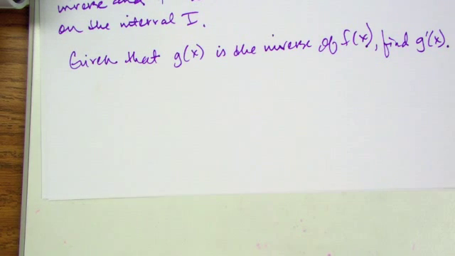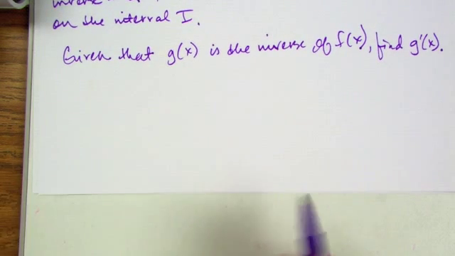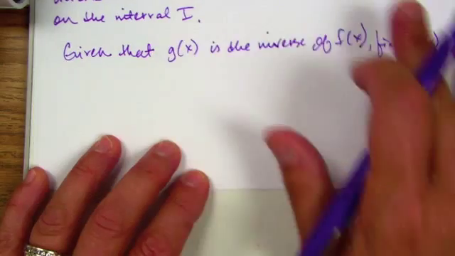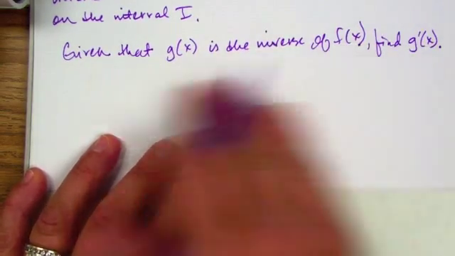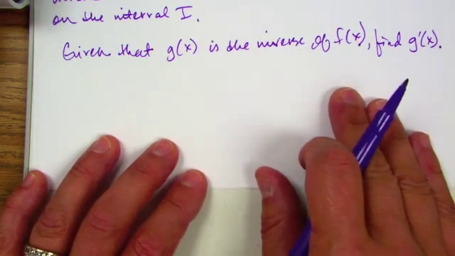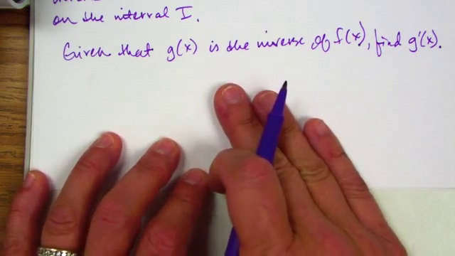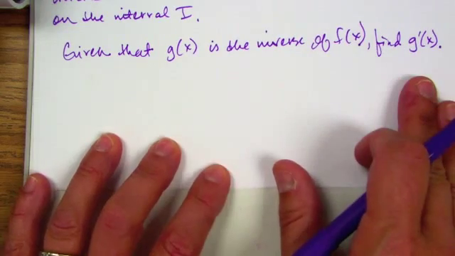Okay, you ready? Wait. We're about to, I have to give you lots more. I'm going to give you more information here. Okay, so given that g of x is the inverse of f of x, find g prime of x.